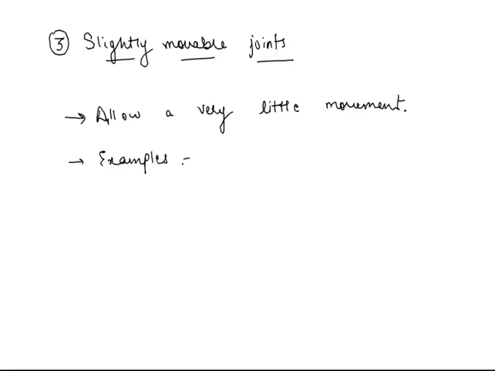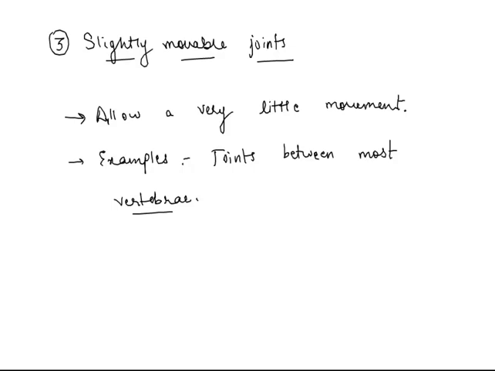Examples include the joints between most vertebrae. Remember the 33 small bones which are present in the backbone, they are vertebrae. So the joints between most vertebrae are slightly movable joints.